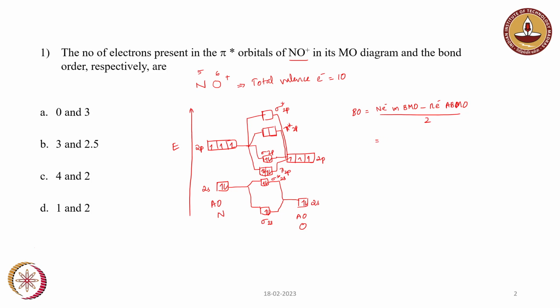So here there are 6 electrons in bonding molecular orbital. There is no electrons in anti-bonding, so it will be 6 by 2. So 3. So bond order is 3, and in pi star there is no electrons. So the answer is option A, 0 and 3.